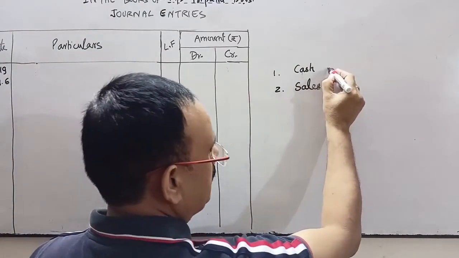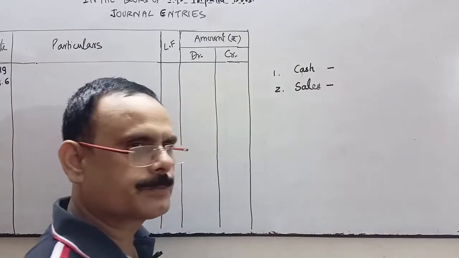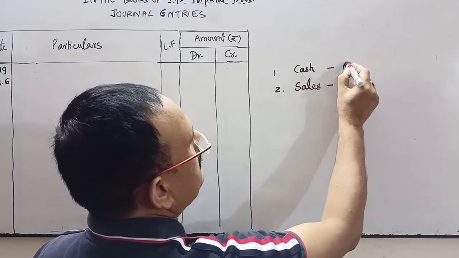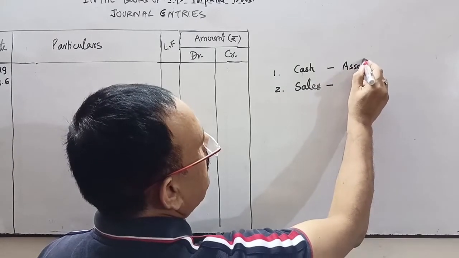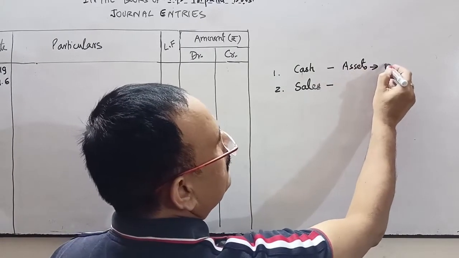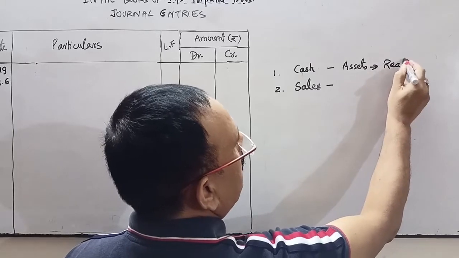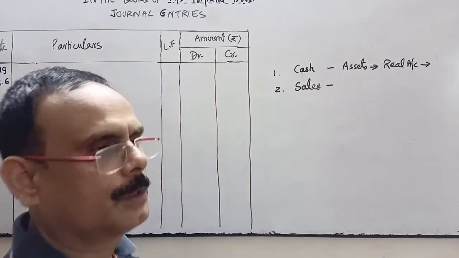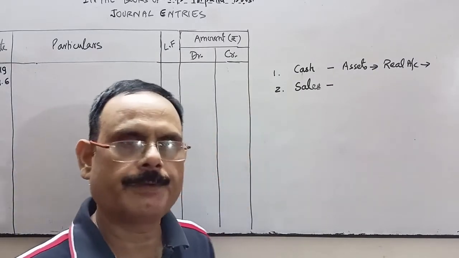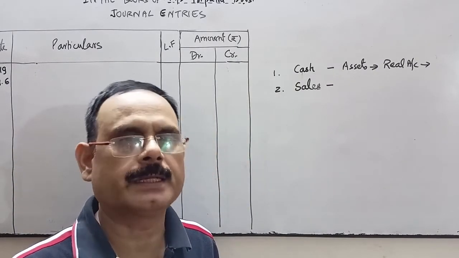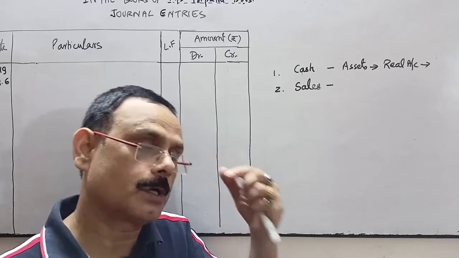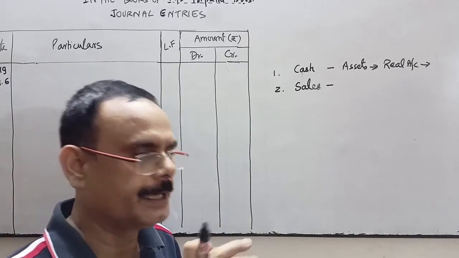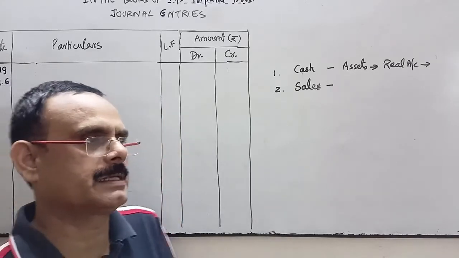Now, does it come under real account or nominal account? Cash is an asset, and all assets come under real account. The rule of real account is: debit what comes in and credit what goes out. If an asset comes into the business, then debit, and if an asset goes out of the business, then credit.